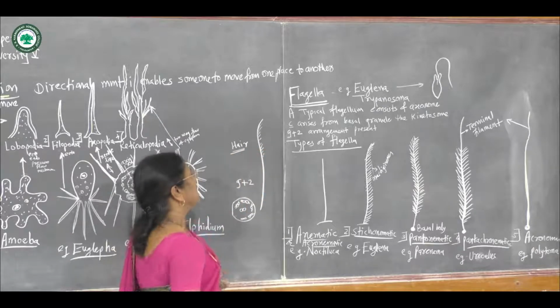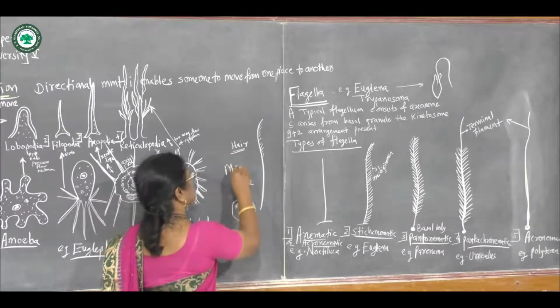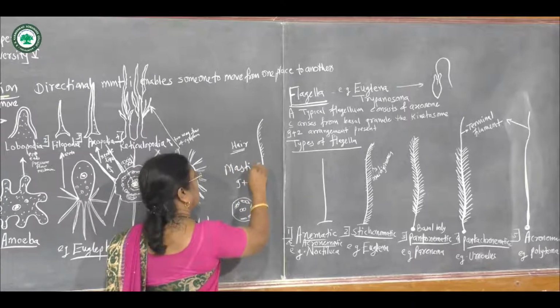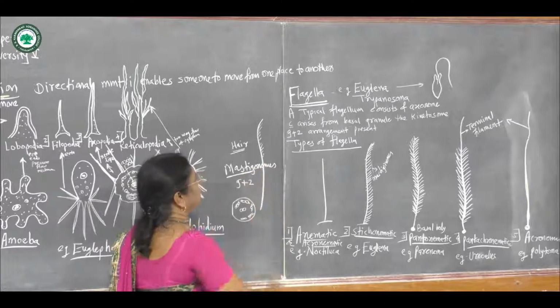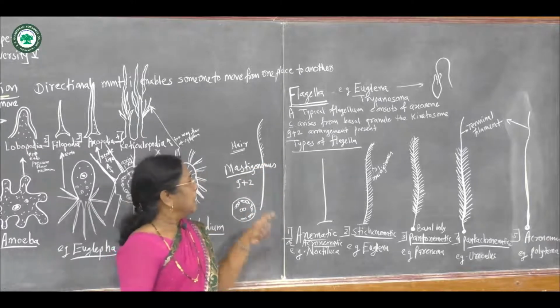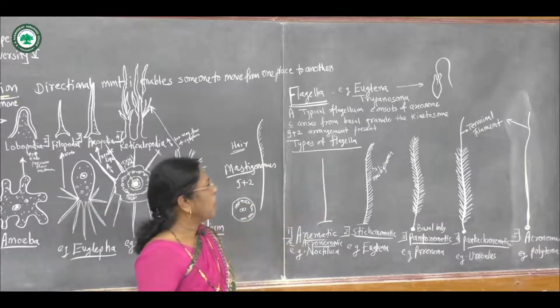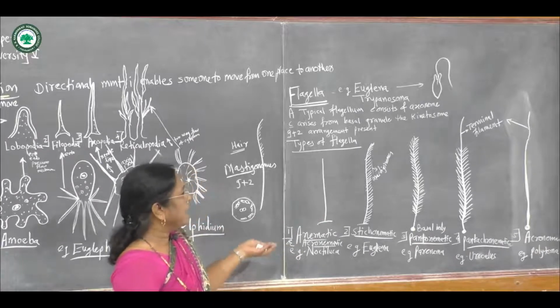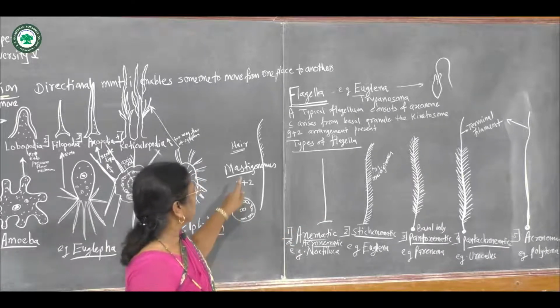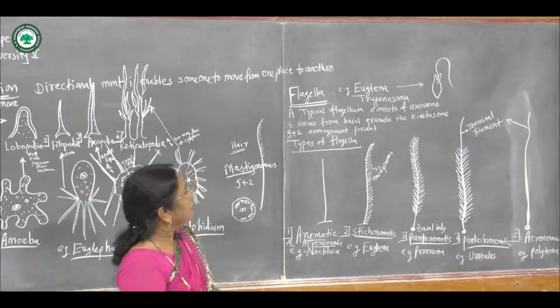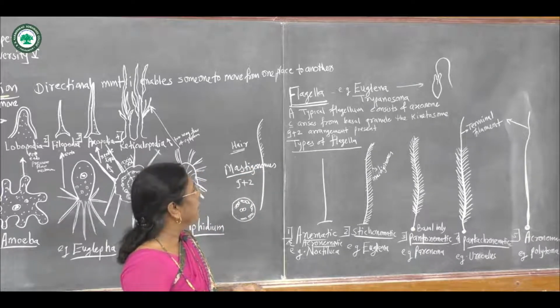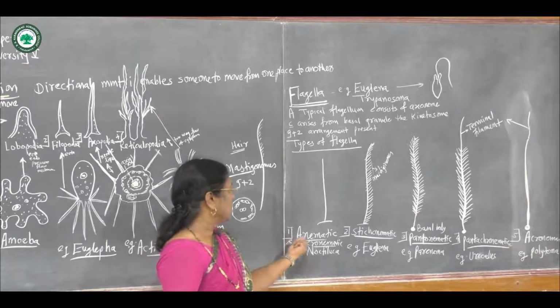These small hair-like structures are called mastigonemes. According to form and structure, they are divided into 5 categories due to the presence of mastigonemes, or hair-like processes, present on them.